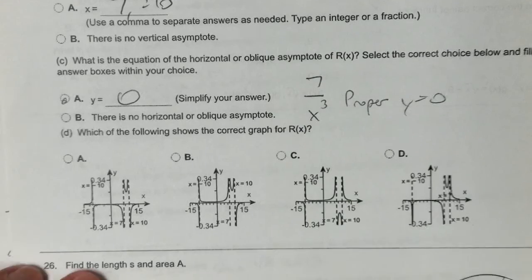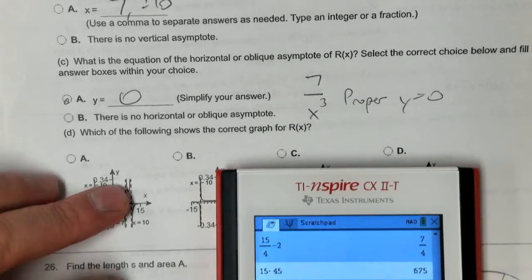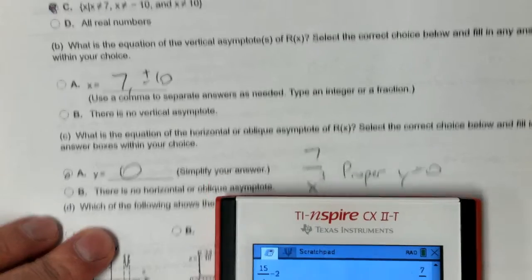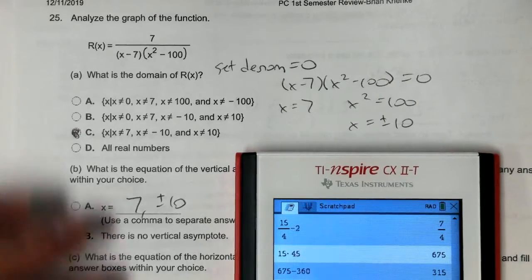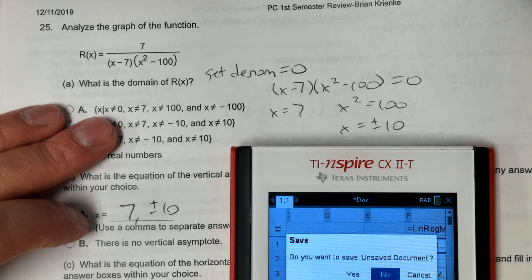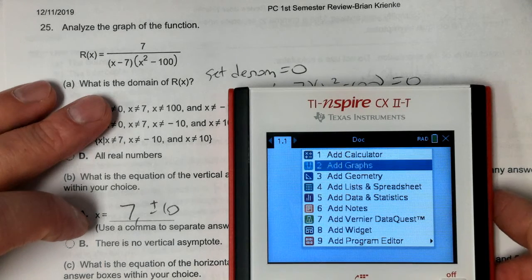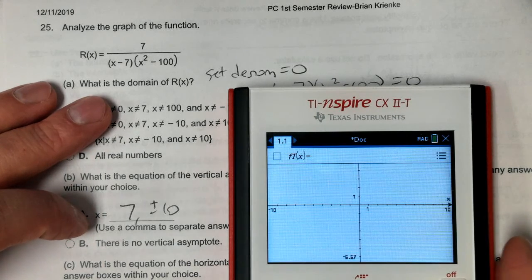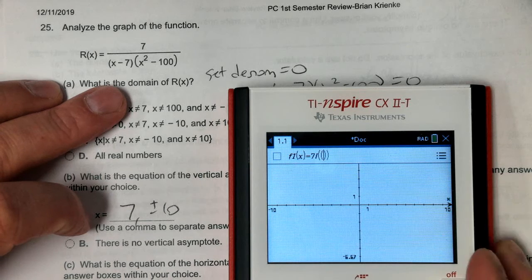Right. Okay, so then let's graph it. And there's one little trick on this, so I do want to graph it even though it'd be quicker to not. Make sure it goes in the calculator properly. And looks like you're going to have to use a double parentheses for it to work.